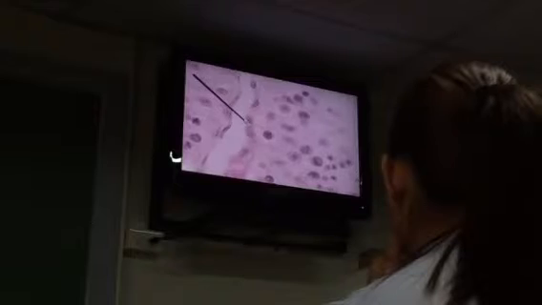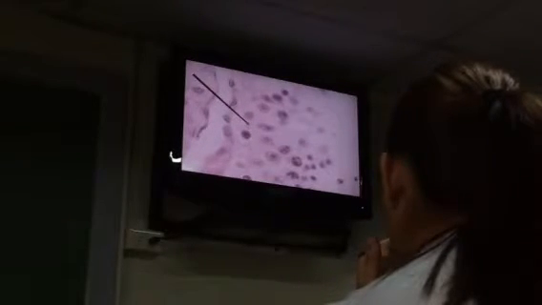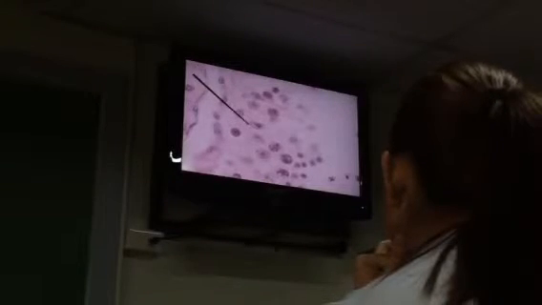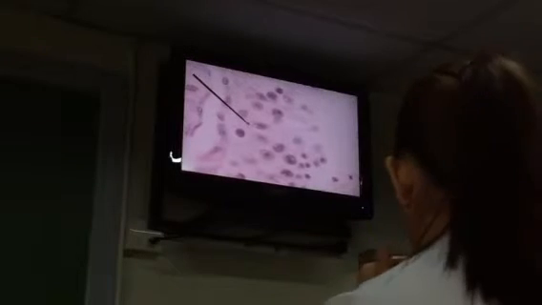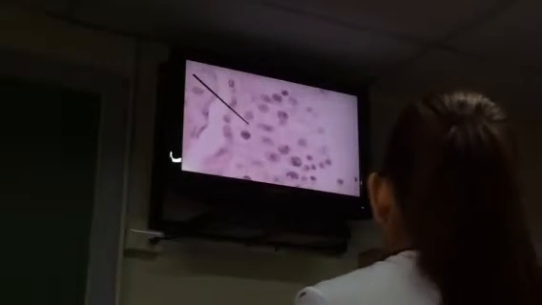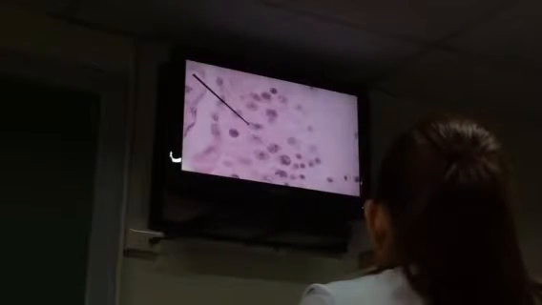Ito. Yan. Can you see that? The shape of the nucleus is elongated, diba? Usually, your spermatogonium has a round nucleus as comparable to these cells over here. So ito po, pahaba ang nucleus. So this is an example of your Sertoli cell.